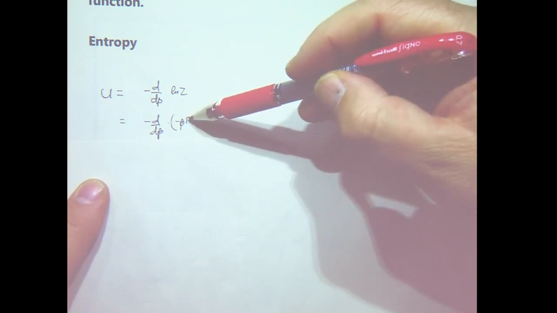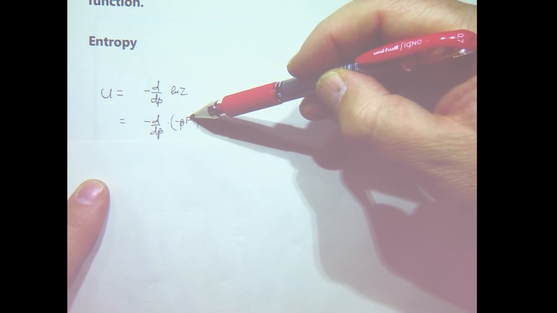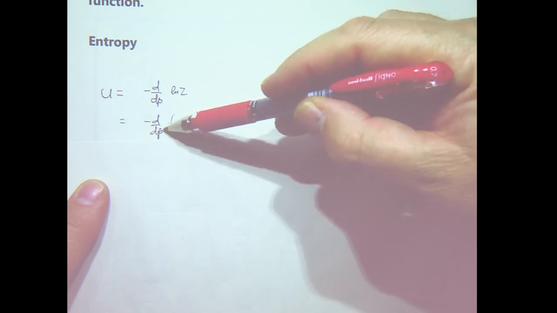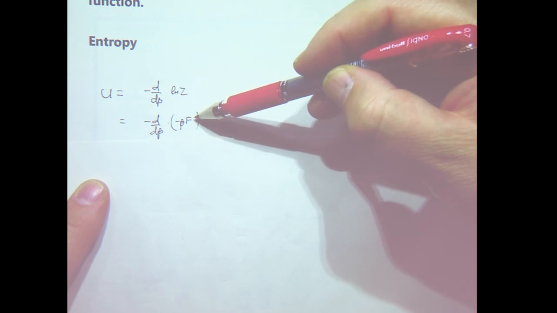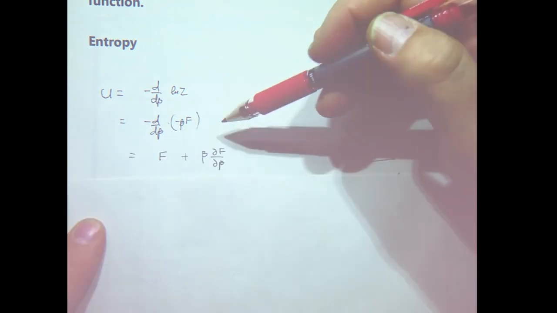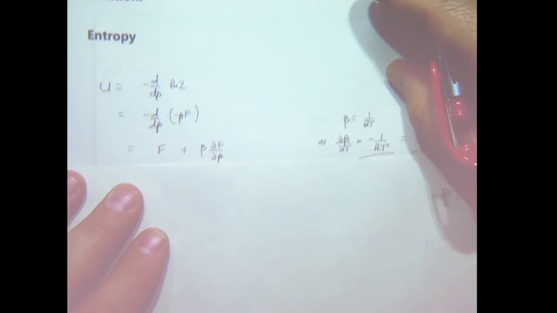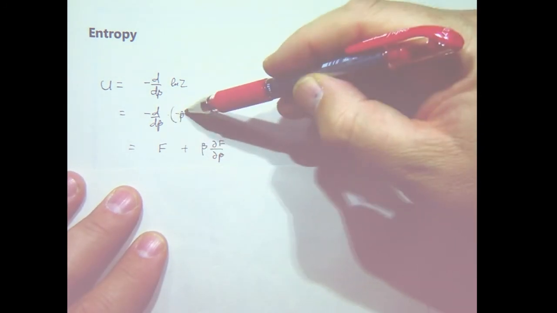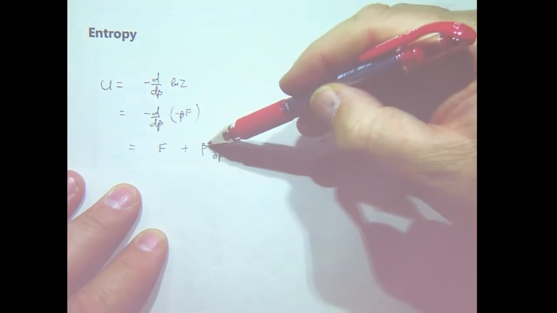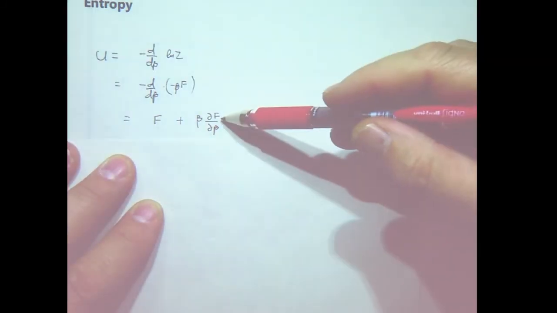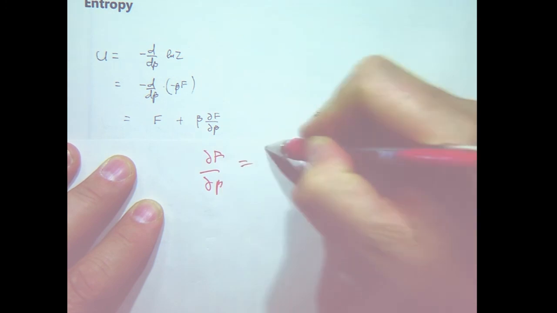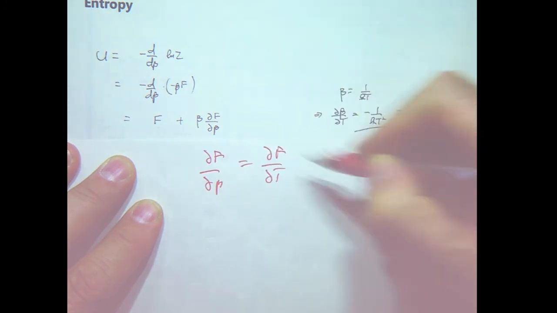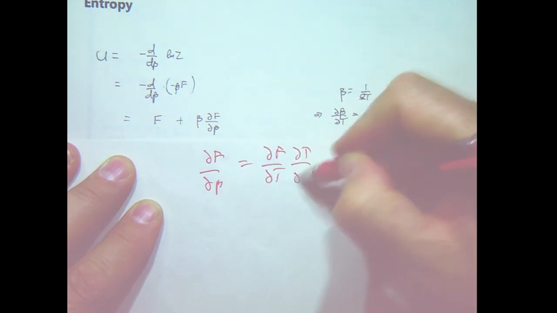But now F depends on T as well. Beta depends on T, and F depends on T, so F depends on beta as well. So using the product rule, that gives you F plus beta dF by d beta. So you need to find dF by d beta, but dF by d beta equals dF by dT dT by d beta.